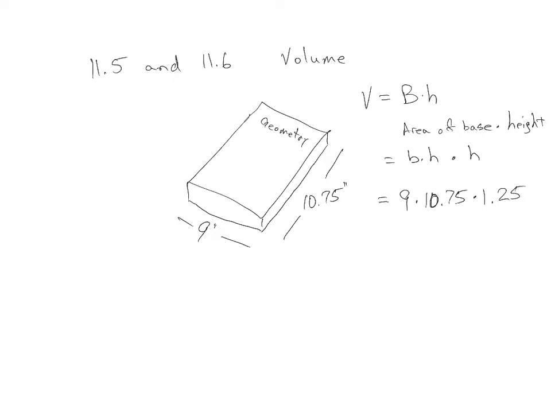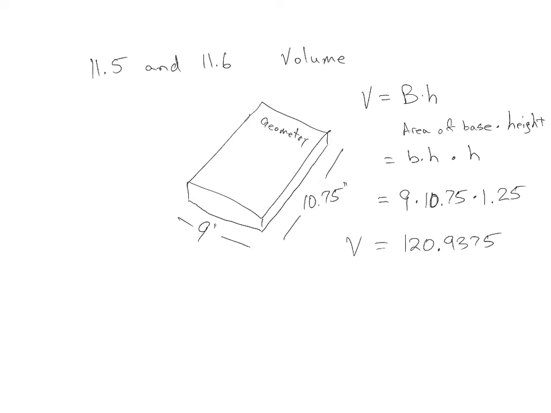So now I have all my numbers. I can get my calculator out, and I can do my calculation of 9 times 10.75 times 1.25, and that gives me a volume of 120.9375 on my calculator.